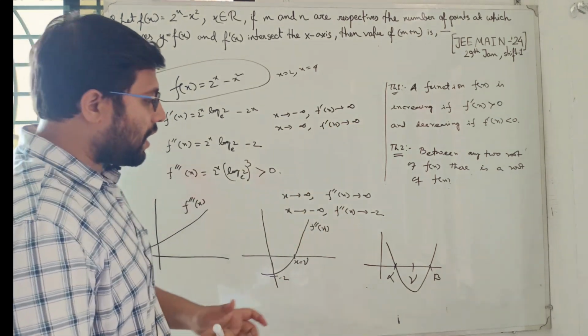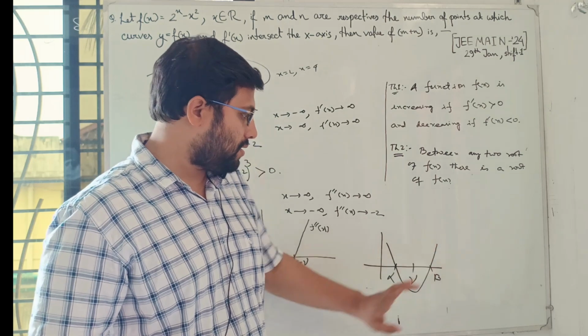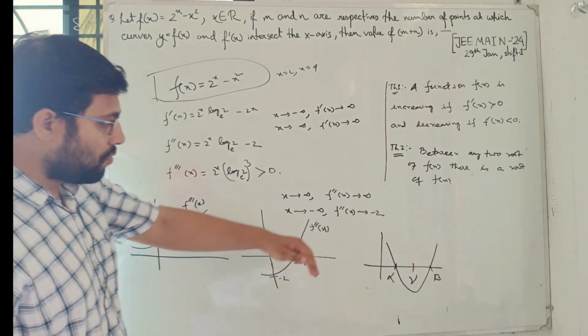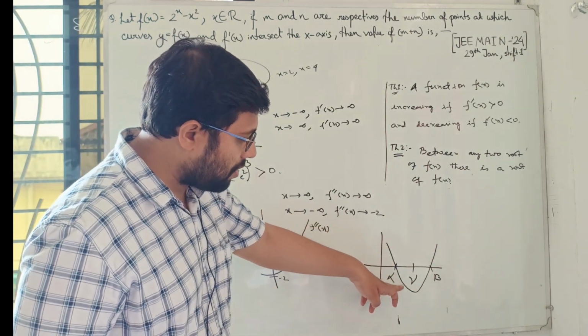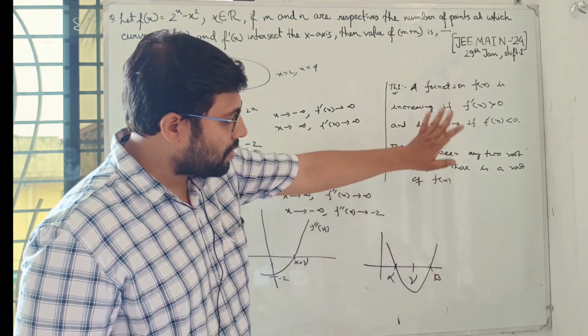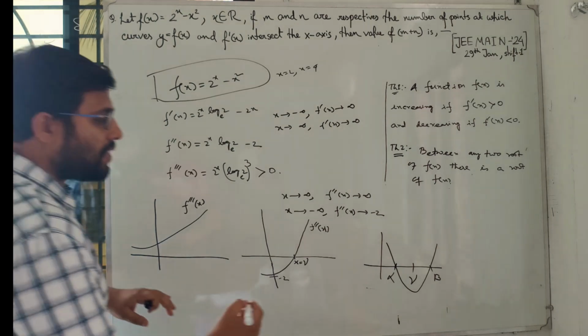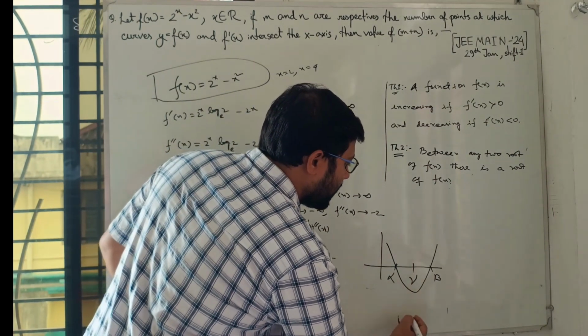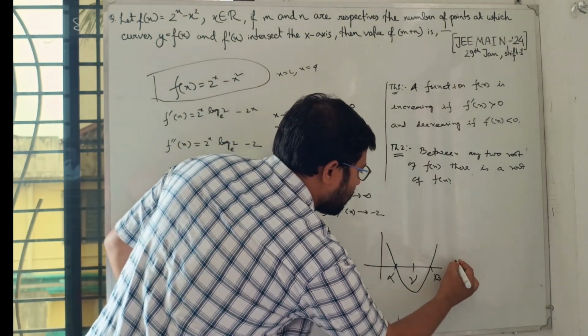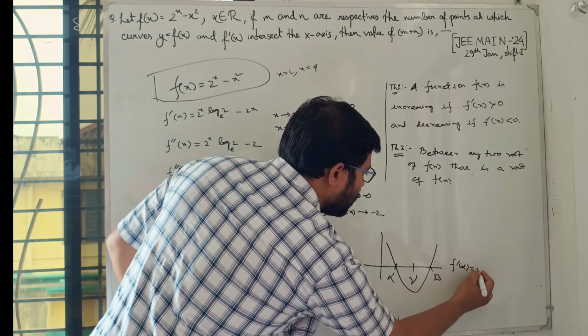So it will cut the x-axis twice, because from upward it will come down, and then will have to go to plus infinity. So f'(x) has two roots, alpha and beta.